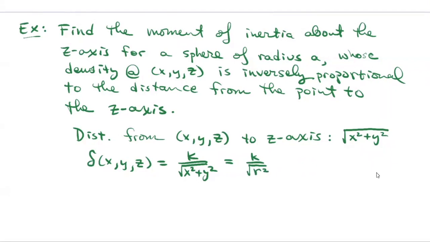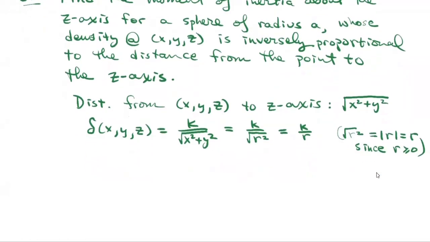These are distances, so you can just say k over r. Reminding yourself, you can't do plus or minus or anything like that. Technically, the square root of r squared is the absolute value of r, but r is greater than or equal to 0. Okay. So I have a density function.